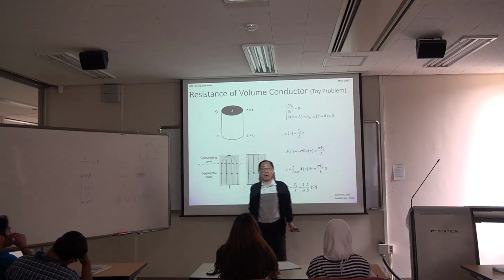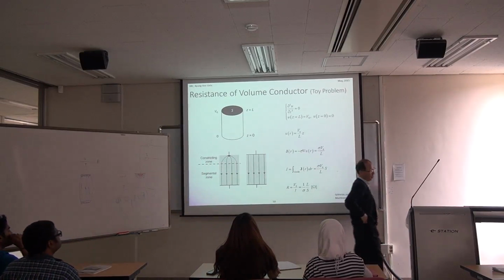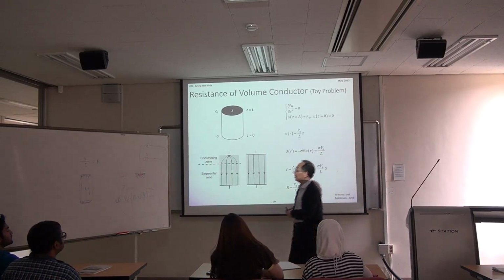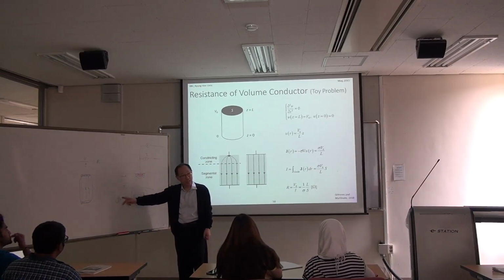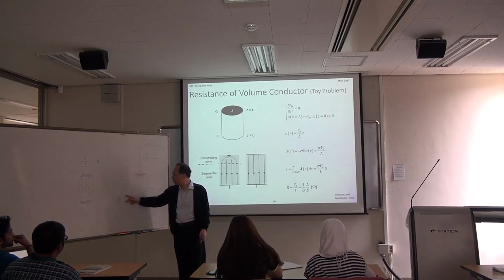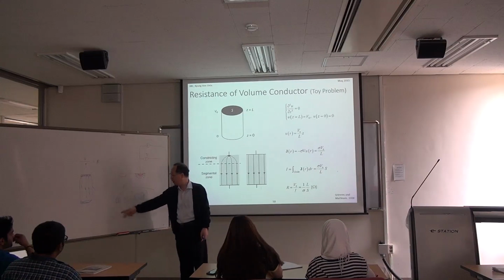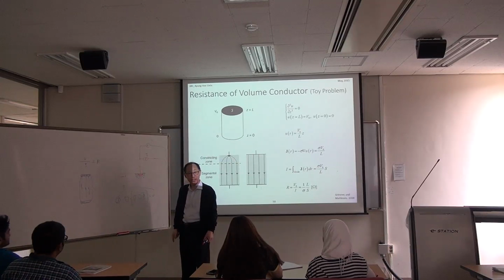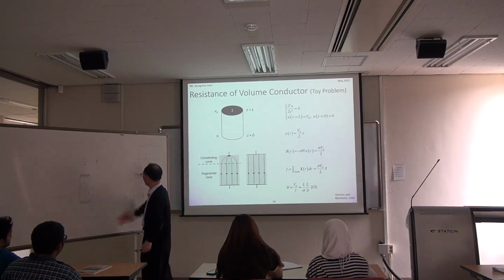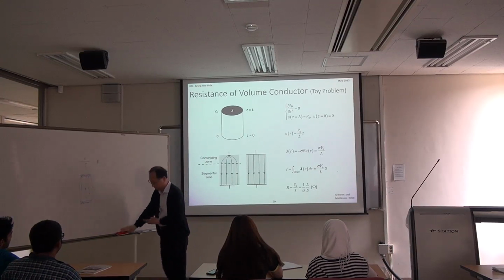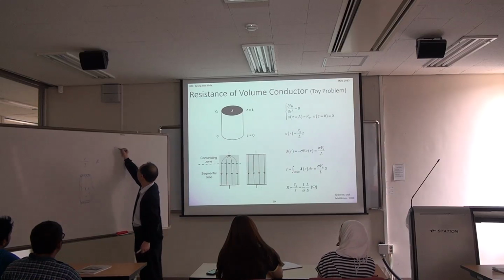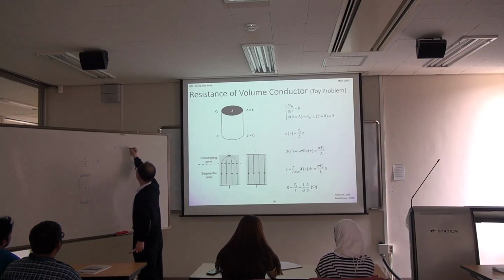And outside is zero. How do I solve it? Conductivity is constant, right? So this can be moved in front, and then this can be divided. I'm using the symbol U here for the voltage.